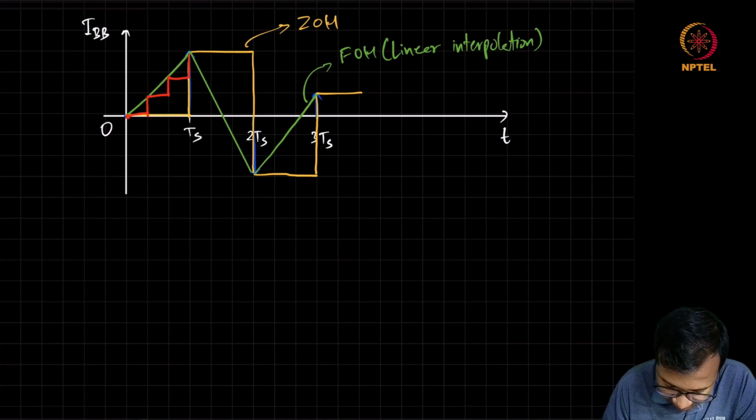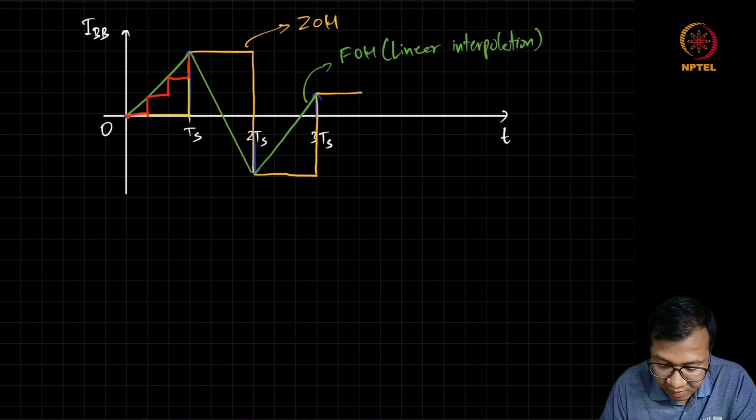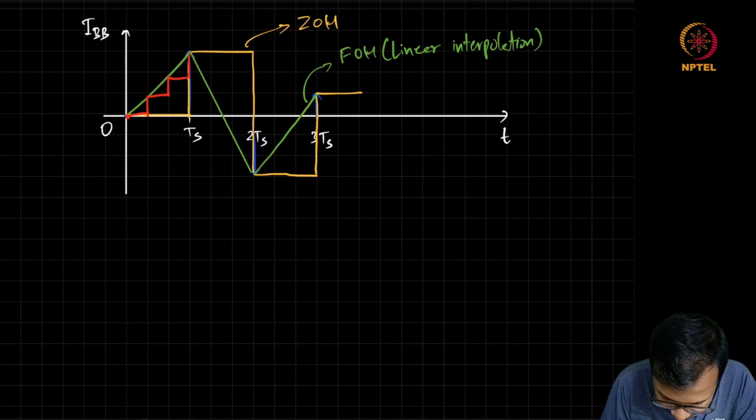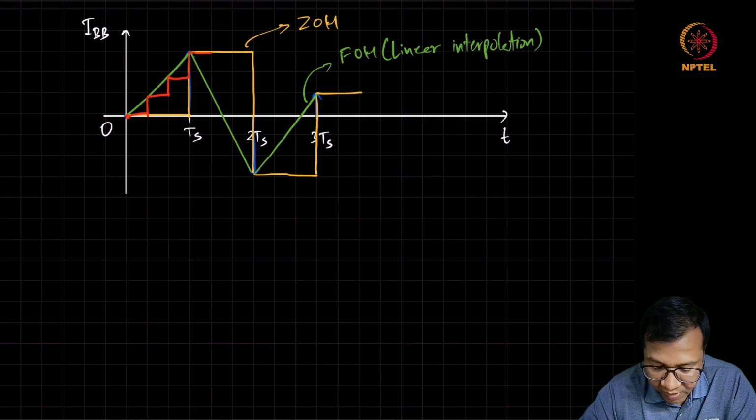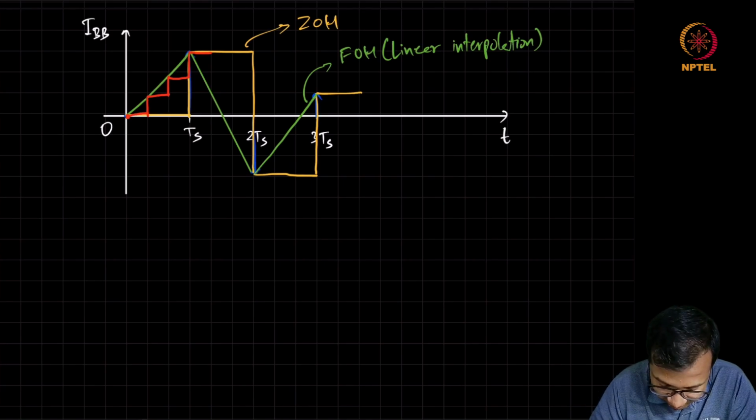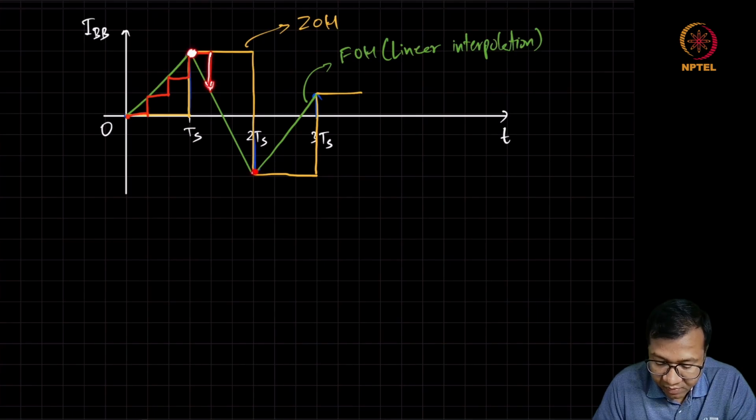Similarly, when we are going from the sample at Ts to the sample at 2Ts, we can make the first change at Ts by 3 after the Ts, like this. And you can see already that this jump which we are making is also scaled as compared to the jump in the case of the zero order hold output.